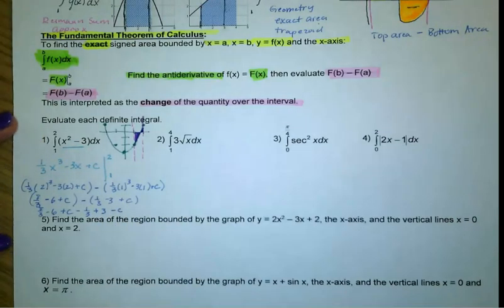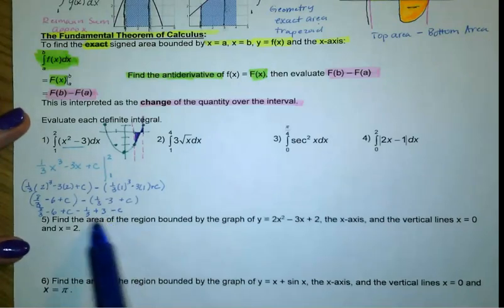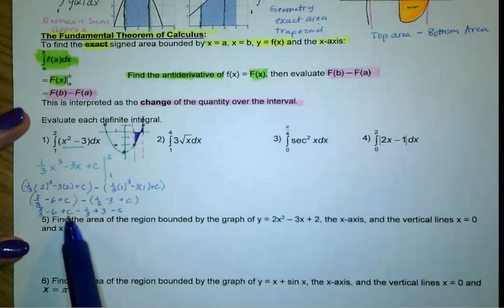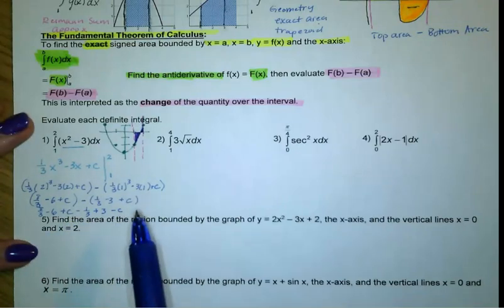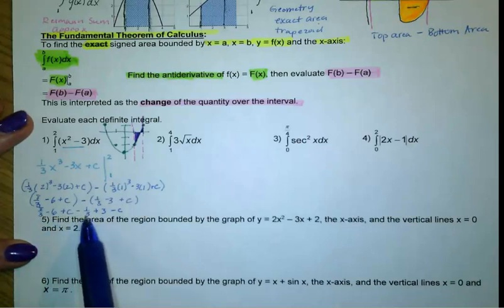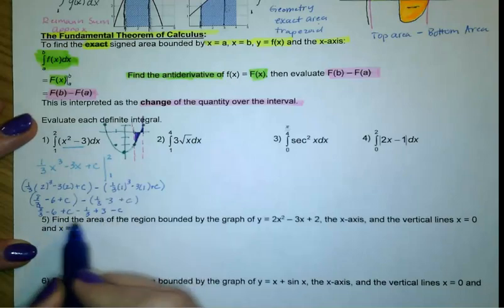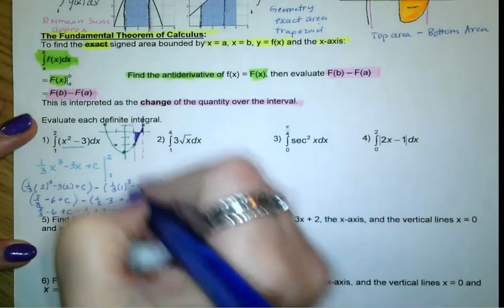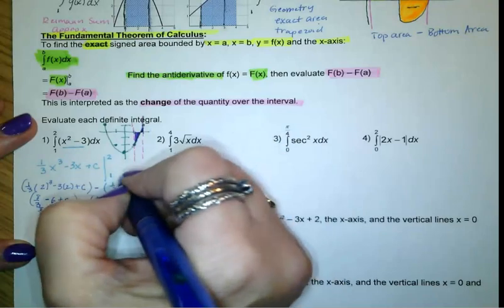All right, so as I am working through this problem, I can see that my c's are going to cancel out because a constant minus a constant, so that's gone. I'm going to have 8 thirds minus 6 minus 1/3 plus 3. And so if I do this side, I'm running out of room, so I'm going to come right back up under my picture up here.